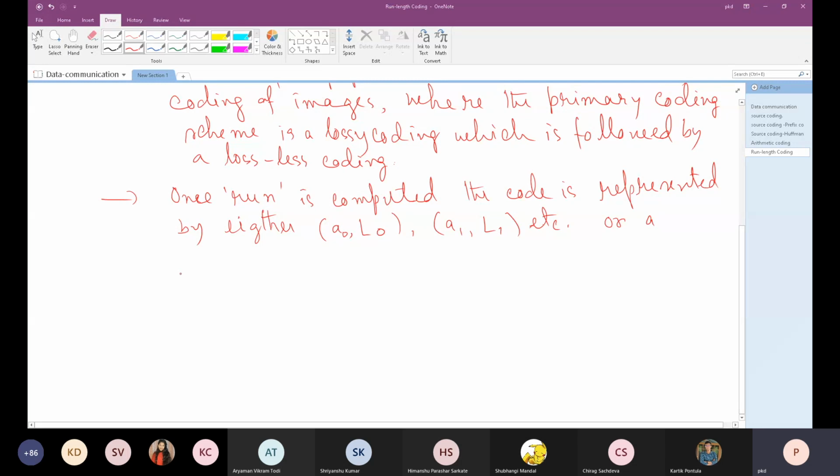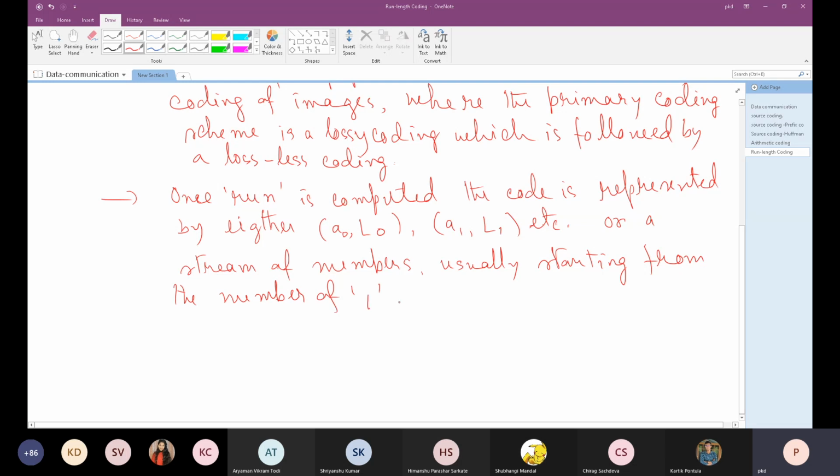Or a stream of numbers, usually starting from the number of ones. So that is L0, L1, like this.